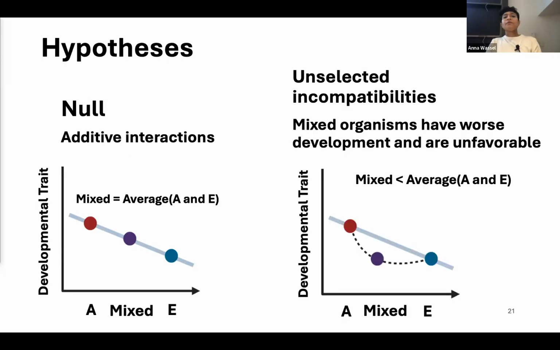But for the case of unselected incompatibilities, these organisms that have developed from a mix of their ancestors and these evolved lines, which have different genetic backgrounds, should, if mixing gives rise to incompatibilities, have worse performance for the traits that I'm measuring, right? So the mix should be lower than the expected average of ancestors and the evolved lines.